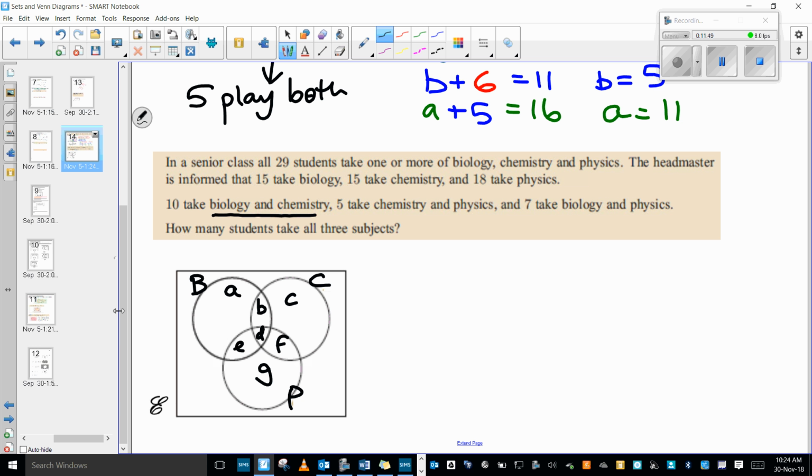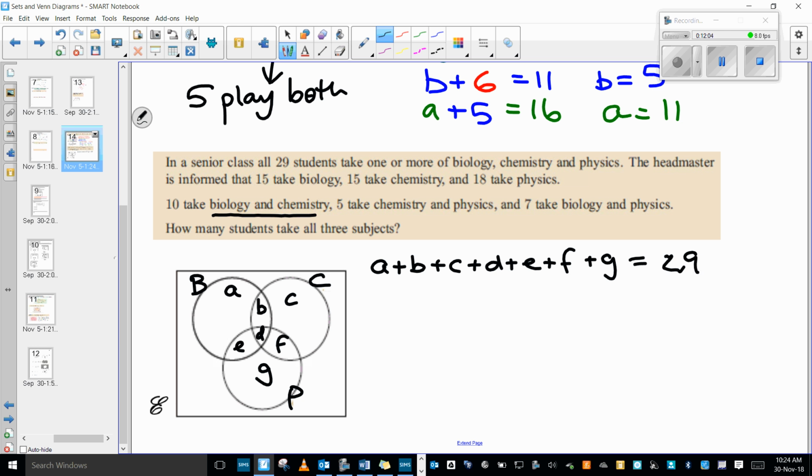You're going to know that all of them, I'll start you off. A plus B plus C plus D plus E plus F plus G totals how much? 29. Yep. There's your starter. See if you can have a go.